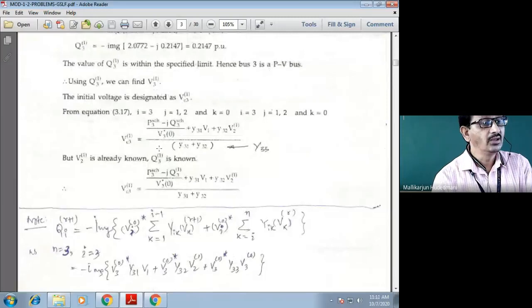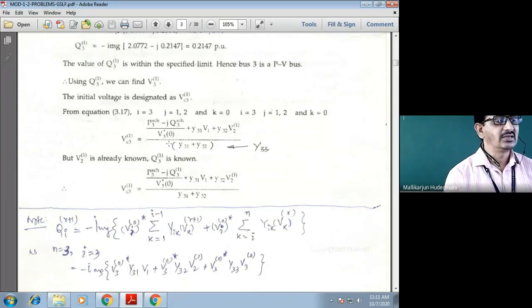What is V3 for me? Computed value of voltage of generator bus at the end of iteration number 1. There is no change in pattern, exactly same. P3 minus jQ3 over V30 conjugate plus lowercase y31 V1 plus lowercase y32 V2 over y33, which is y31 plus lowercase y32.